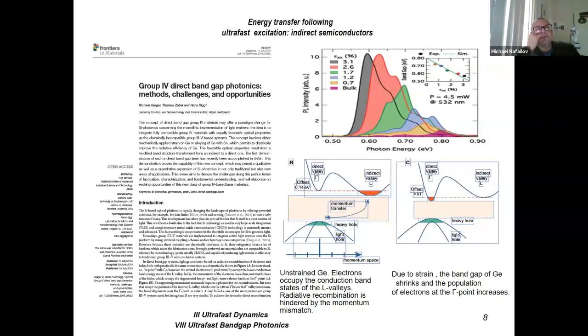Another interesting thing, which is a hot topic right now in the industry, is the transition from indirect to direct bandgap. So germanium becomes a direct semiconductor and starts to emit light quite efficiently. If you do that in nano membranes, it would be a very high efficiency light emitting diode.